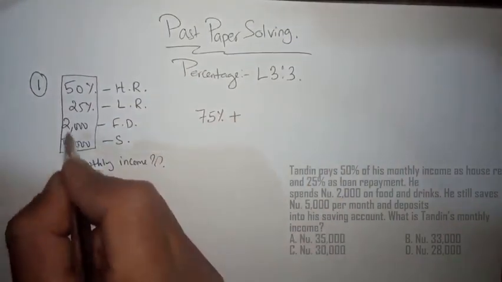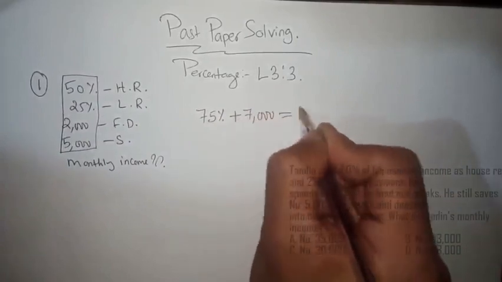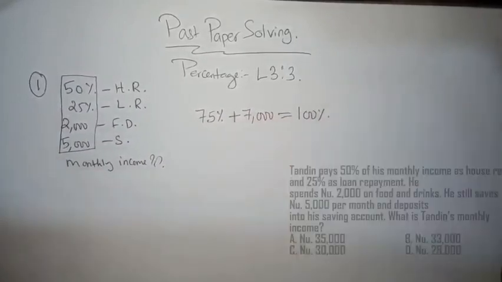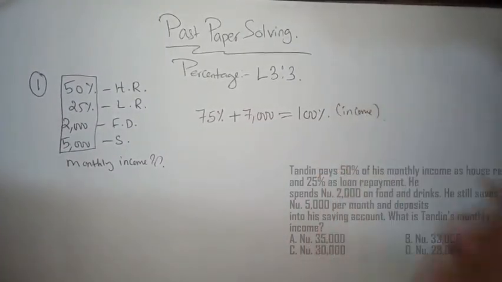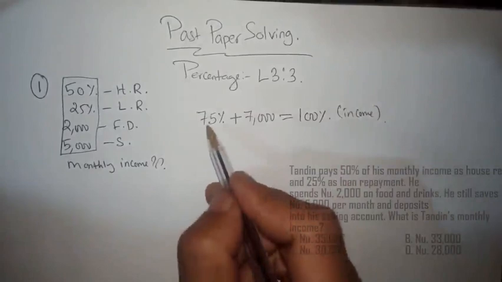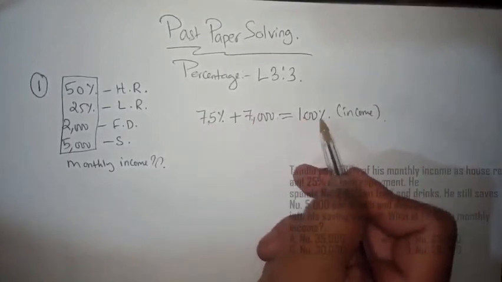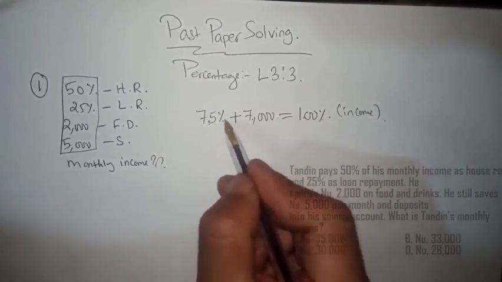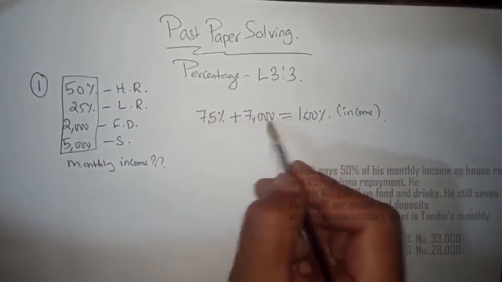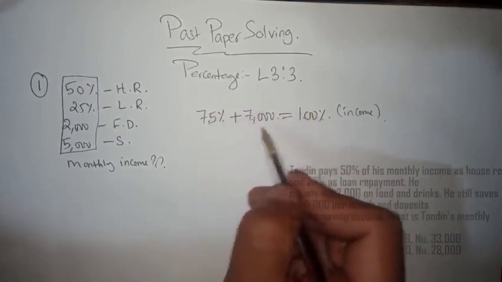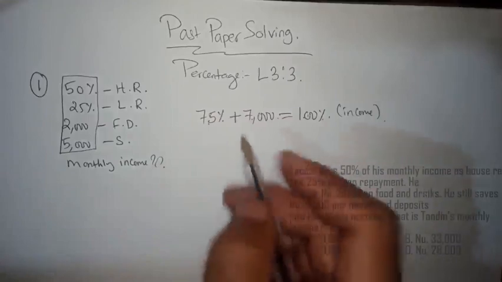Then 75% plus 5,000 plus 2,000, which is 7,000, will give us 100% of his income. The remaining part added to 75% gives 100%.